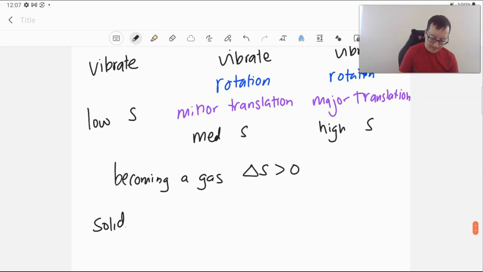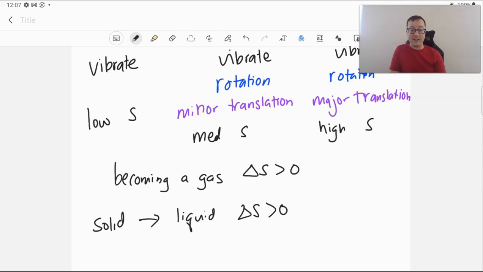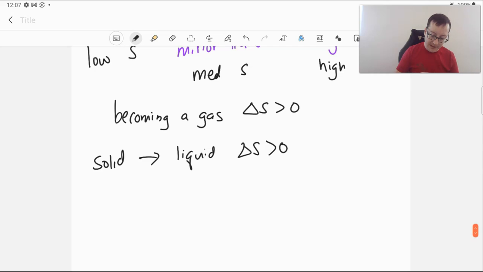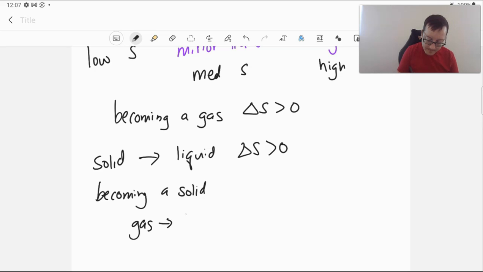Solid becoming liquid is also going to be entropically favorable, right? Because liquids have more freedom, more ability to be disorderly. They have medium entropy. Medium entropy minus low entropy would be some positive number. And of course, becoming a solid or a gas becoming a liquid will have the opposite case.